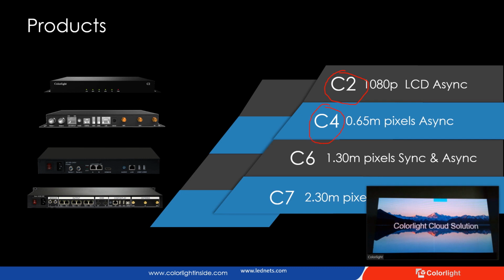The C4 has 650,000 pixels loading capacity. And if it is a big screen, then we could use a C6 or C7. The C6 can do 1.3 million pixels, and the C7 can do 2.3 million pixels. You can choose them accordingly.